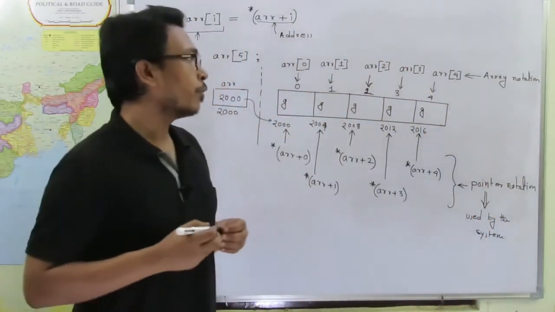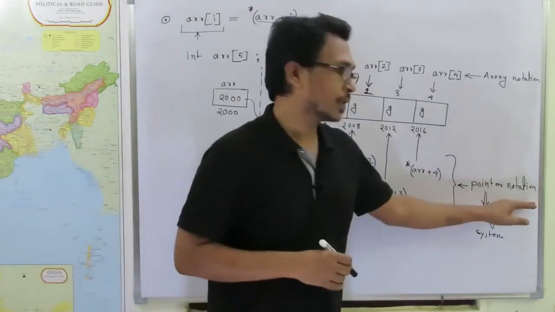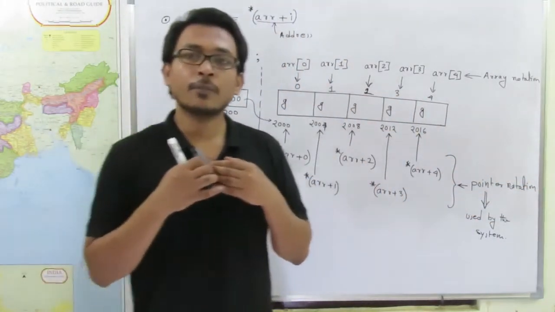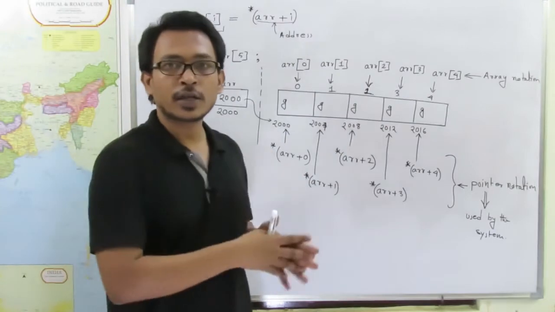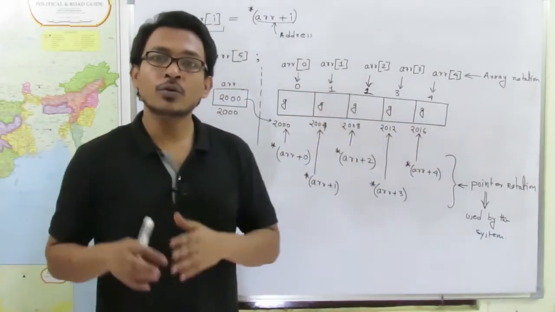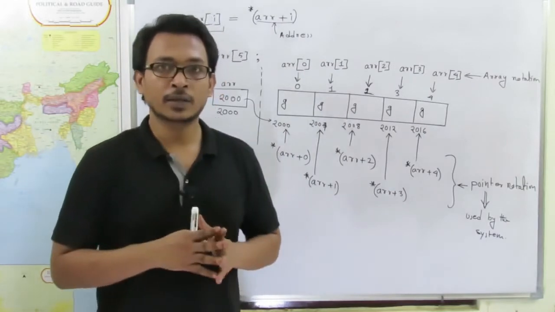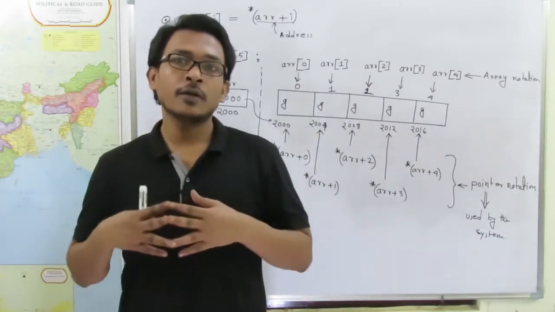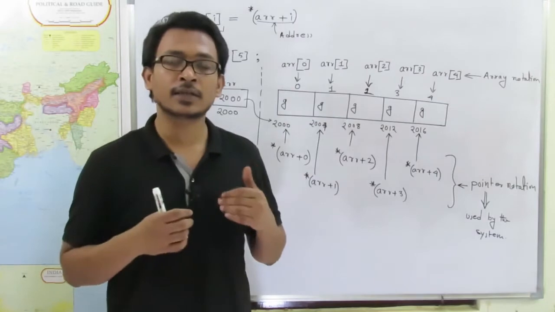Now what happens if we use pointer notation? If the programmer already uses pointer notation to access array elements, the system doesn't need to perform any conversion operation, so the execution becomes faster in such a scenario.